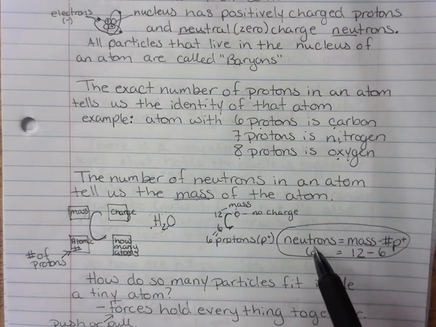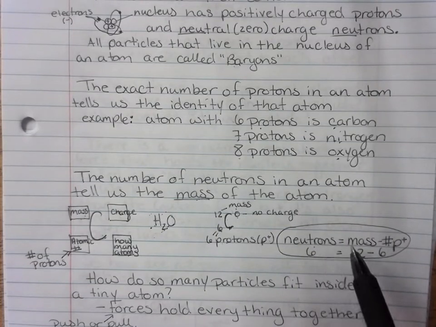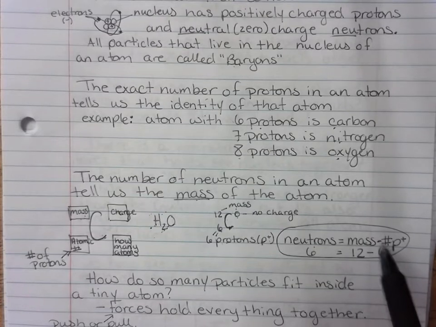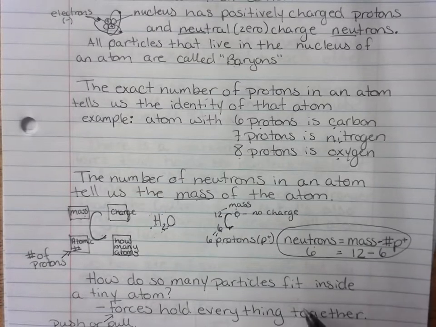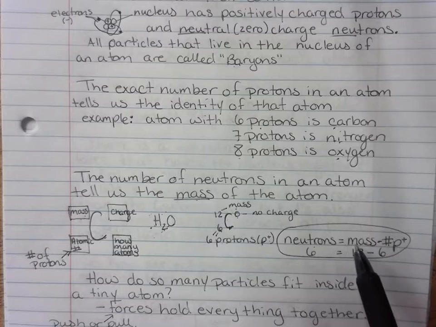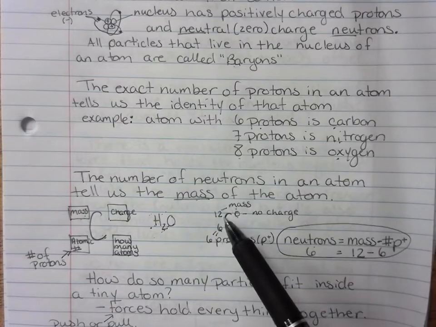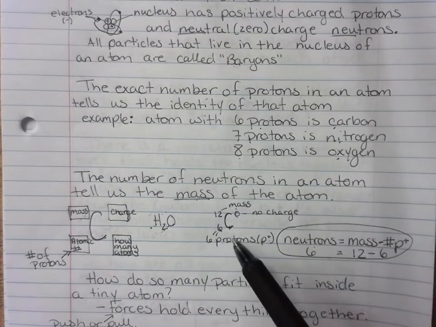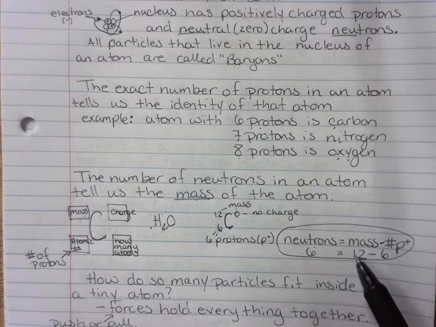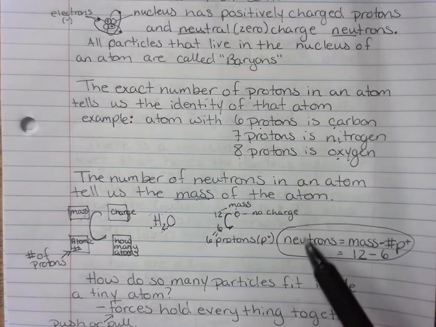So neutrons, and hopefully this is review too, the number of neutrons we have is our mass number minus our number of protons. Neutrons equals mass minus the number of protons. So in this case, we have a mass of 12. We have 6 protons. 12 minus 6 means we have 6 neutrons.